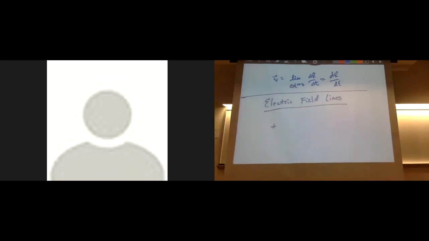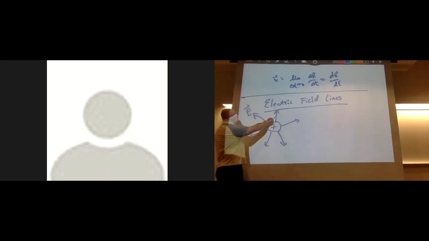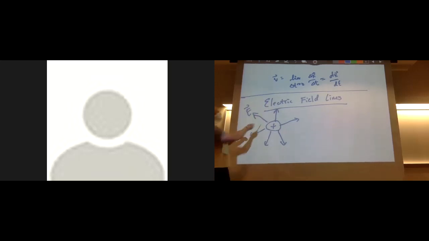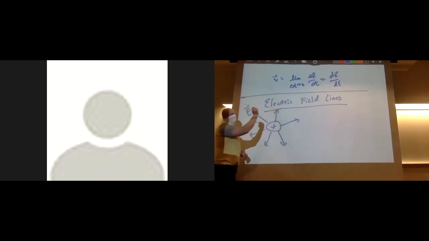So electric field lines say that if I had a positive charge, my electric field then has to point radially away from my positive charge. This is my electric field from a positive charge. The reason for that is if I put a positive test charge near here, it wants to accelerate away from this charge, which means the force on it, which is in this direction, once I pluck out that charge, has to be in the same direction as the field.